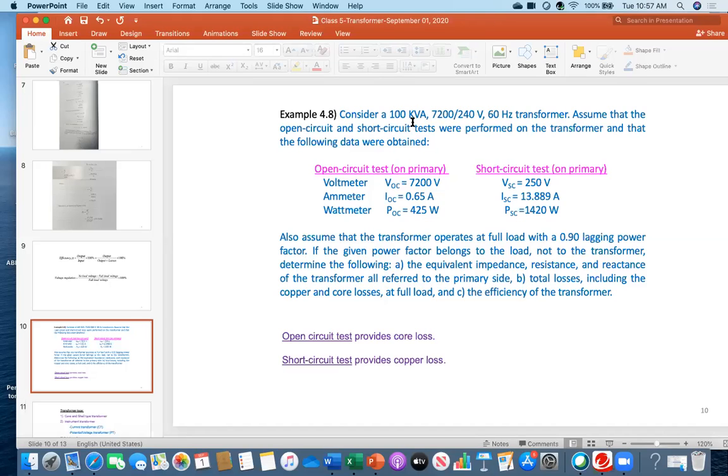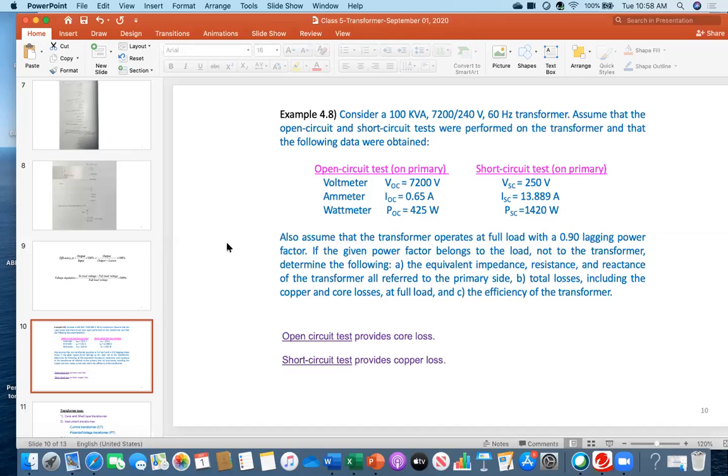But this is in kVA, volt-amperes, and you have to convert it into watts. That's why you see the load power factor is given, which is 0.90 lagging. If you multiply this number with this one, that will be your watts. In terms of kilowatts, just multiply 100 kVA by 0.9, so 90 kilowatts.